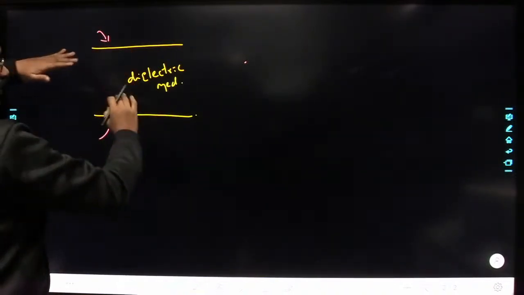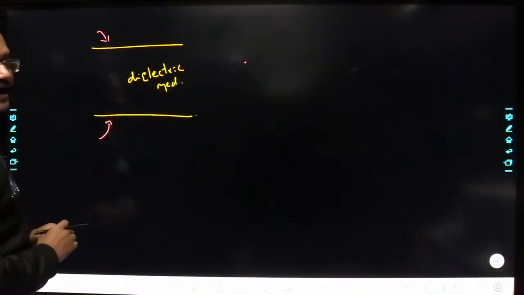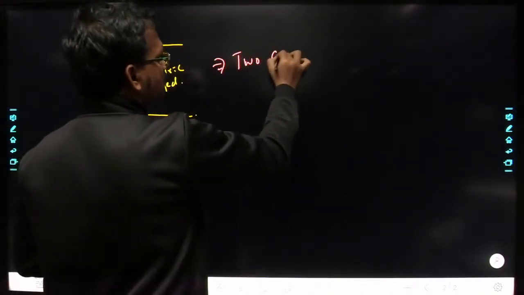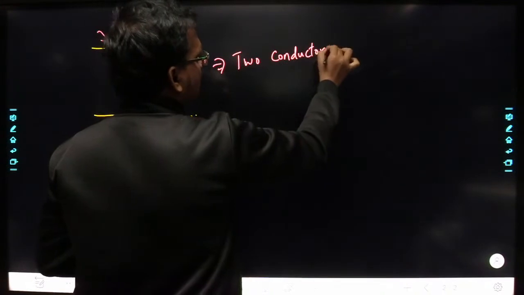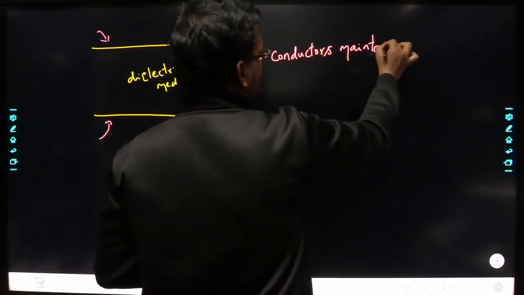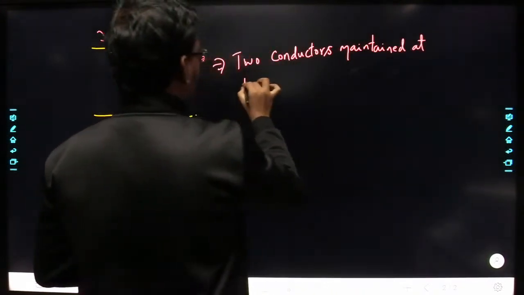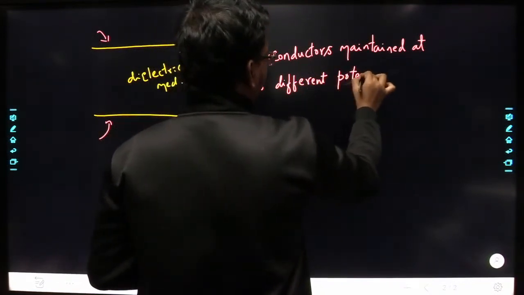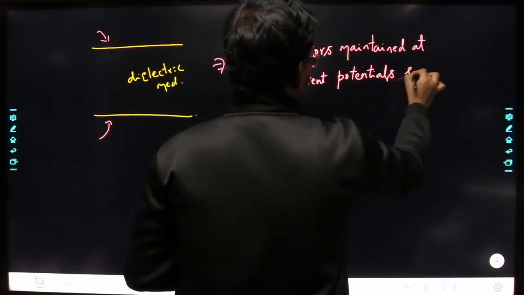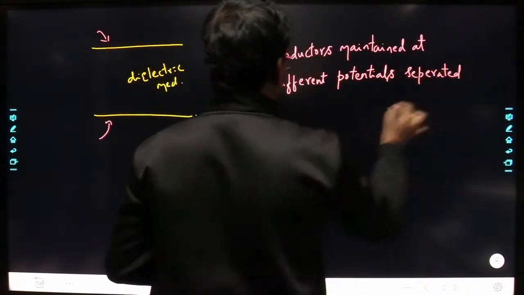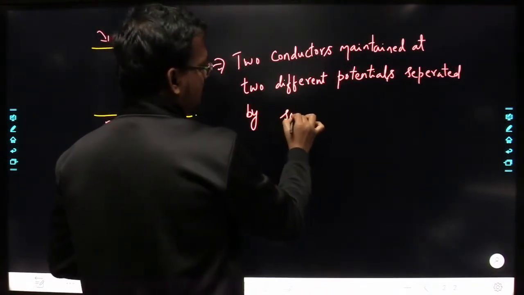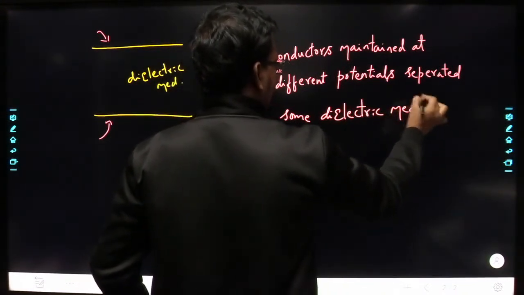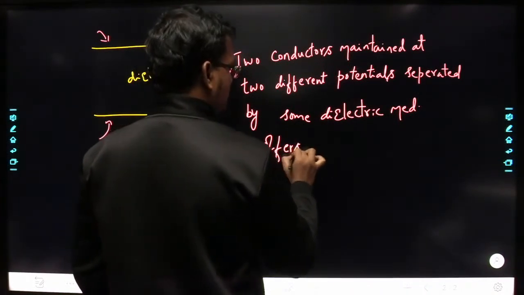So two conductors maintained at two different potentials, separated by some dielectric medium, offer capacitance. Yes or no?